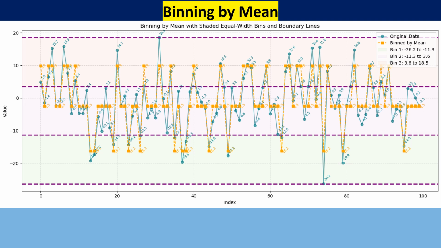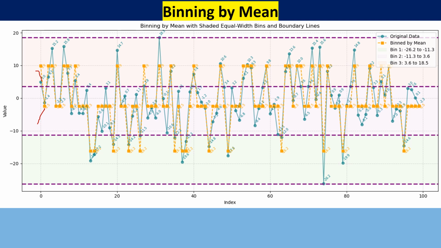This plot teaches students how binning works as a smoothing technique. The original data is shown in a teal color. This contains random fluctuation. By grouping the data into three bins based on a range and replacing each group with the mean values, the chart becomes smoother and easier to interpret.